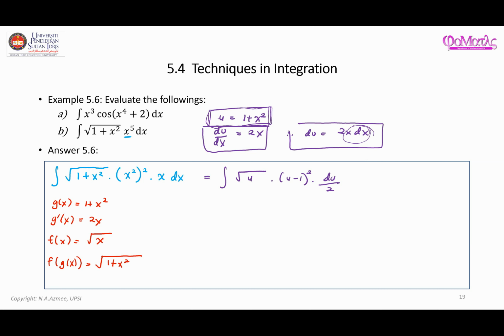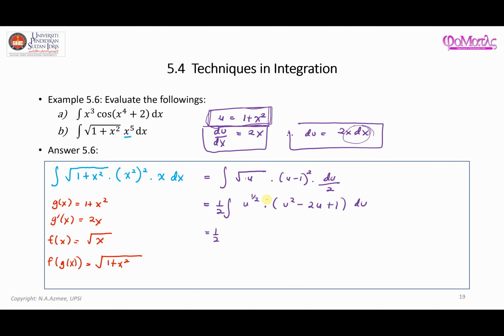Alright, next we can simplify that. So 1 over 2 can be taken out, and this one becomes u to the power of 1 over 2. This one you can expand, so you will get u squared minus 2u plus 1 du.